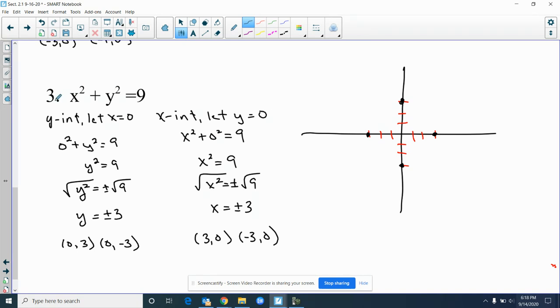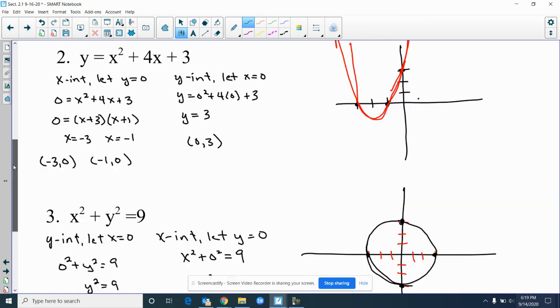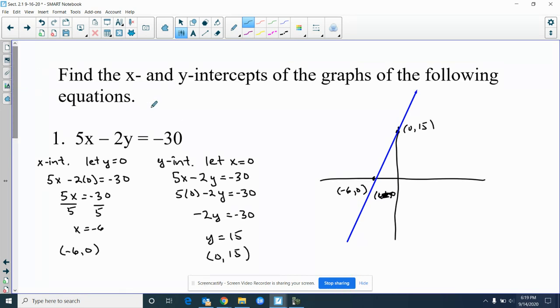You may not recognize it just by looking at it, maybe you have, but this is going to be a circle. Oh, that's a bad circle. But that's a circle, or that graph is of a circle. So finding the x and y intercepts gives us some of the key points that are going to allow us to graph. And that's a little bit of what we're going to do in section 2.2, find some key things that help us to graph.